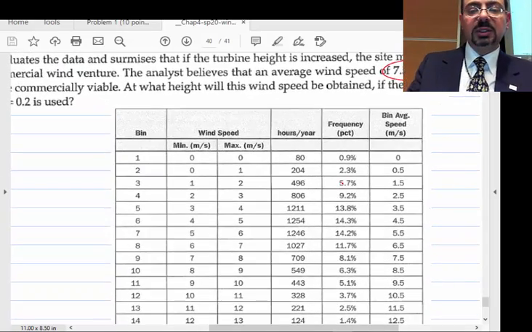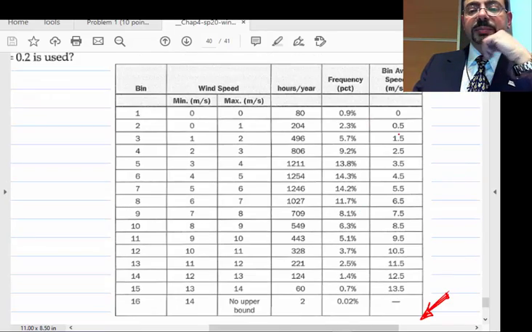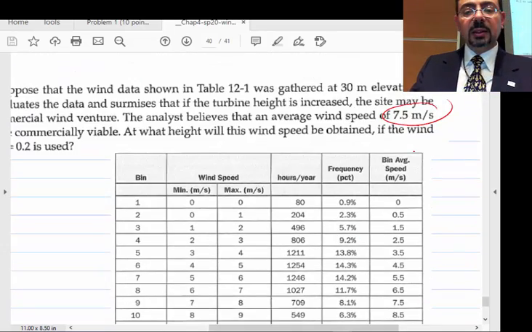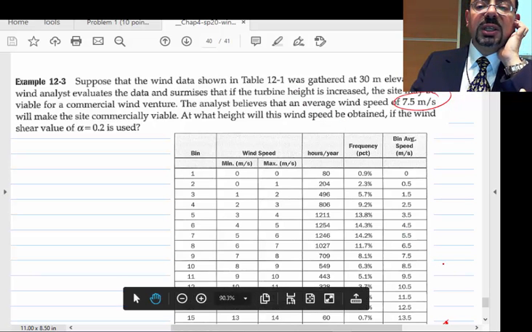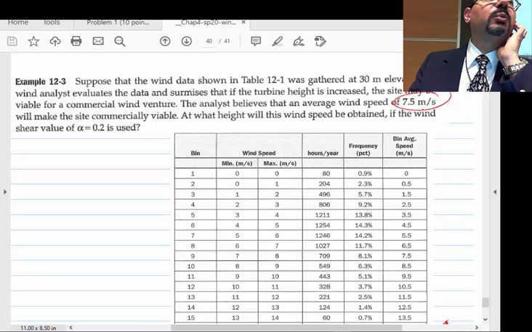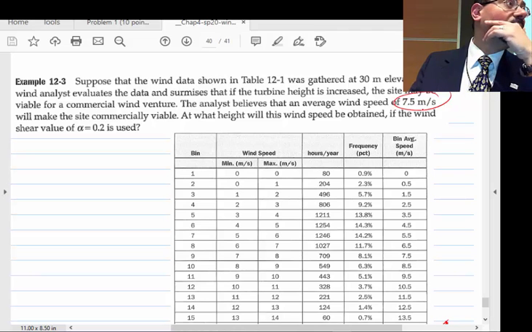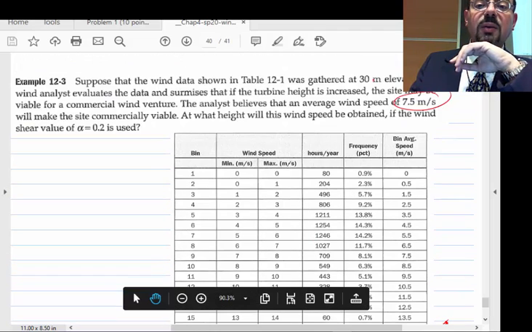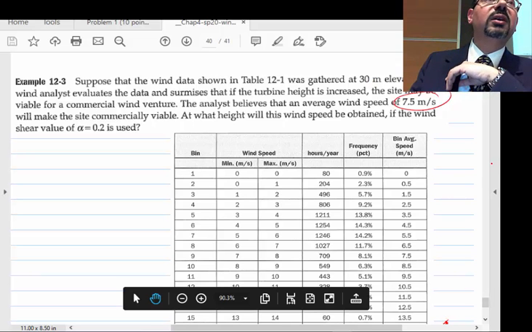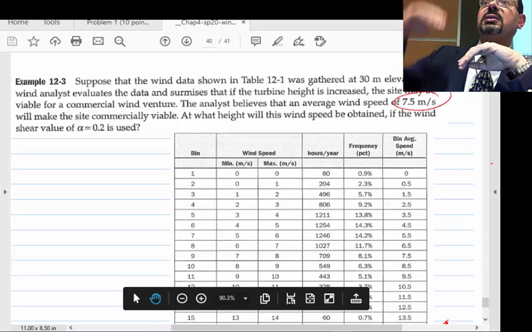So he has a velocity distribution, and this was done at 30 meter, and he wants to see how far he needs to go up so that the average velocity is 7.5 meter per second. So he needs to move that table at 30 meter to a different height.